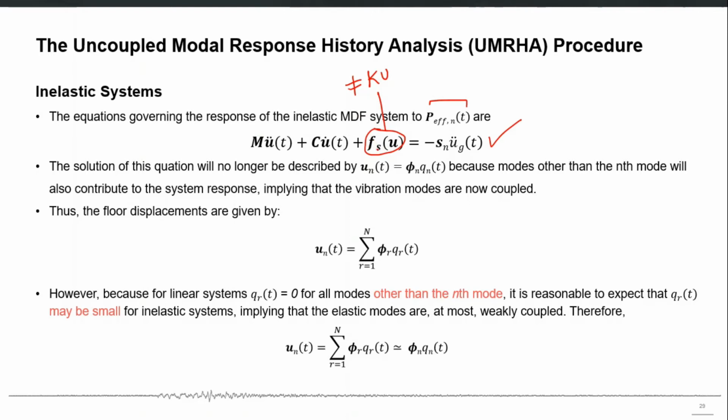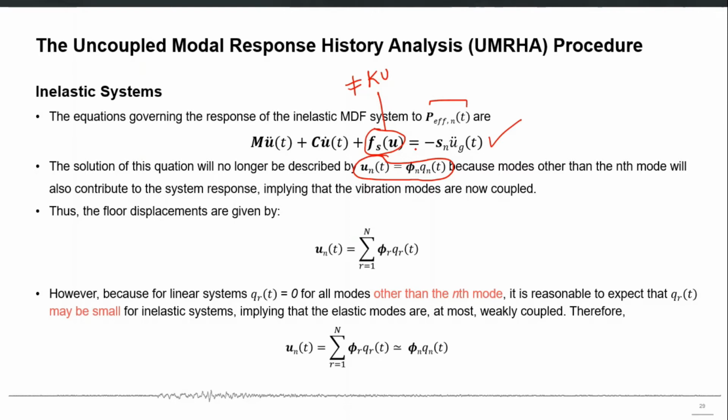Now the solution of this equation is not simply this one, because the modes are no longer uncoupled. We cannot say that the application of the nth mode effective earthquake force will produce the response only in the nth mode, because the modes are now coupled because of the nonlinearity.